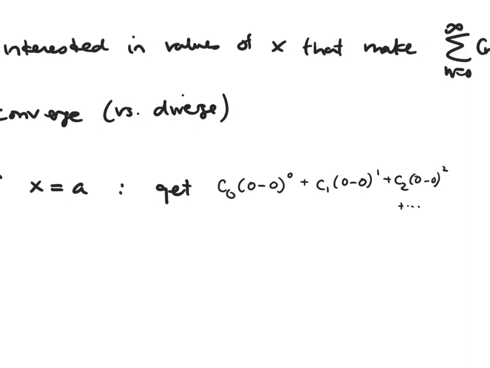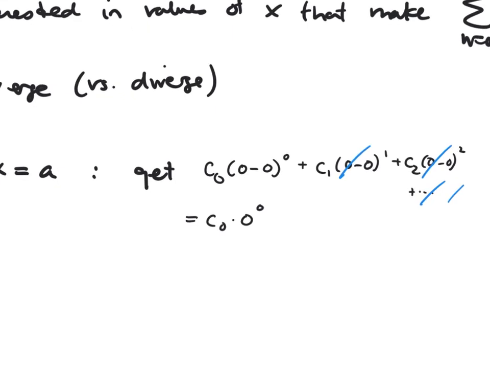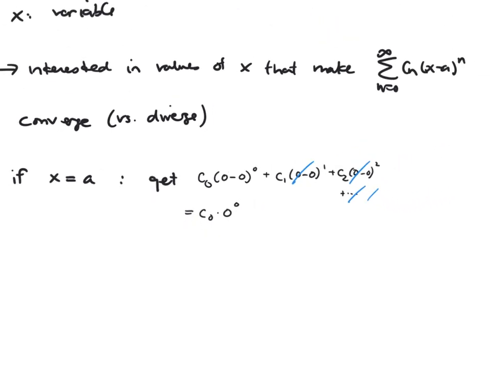Now, 0 to any power that's not 0 is always 0, so that's gone and that's gone, as is every other term forward. The only slightly curious thing is this term. This is C0 times 0 to the power 0. And so you might wonder, what is that? 0 to the 0 is defined to be 1.